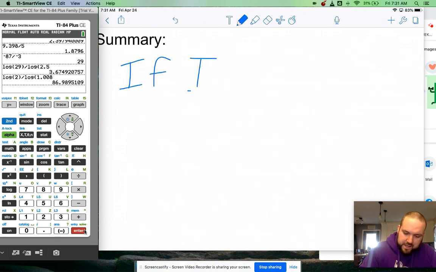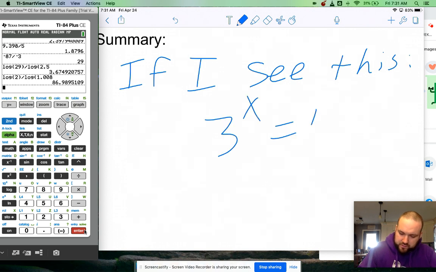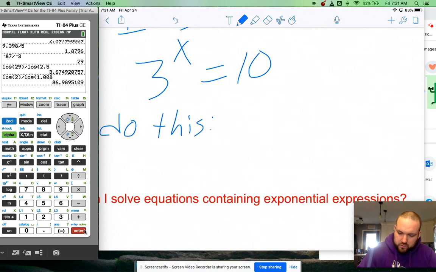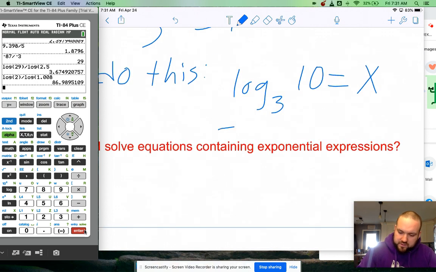If I see 3 to the x equals 10, I do this: log base 3 of 10 equals x, and then we type this in the calculator. That'll do it. One more video.